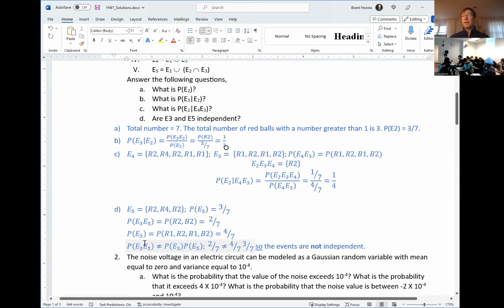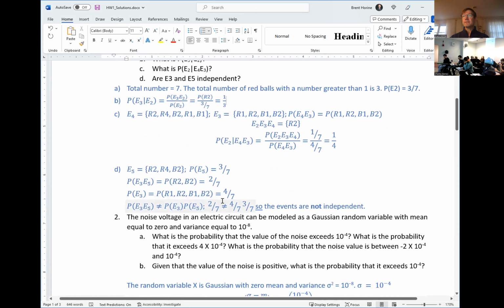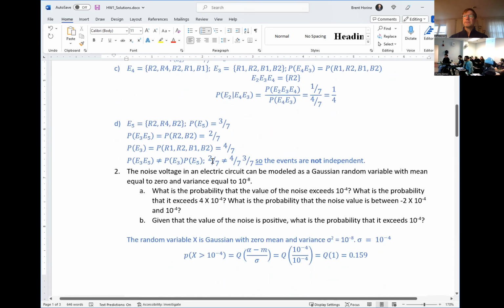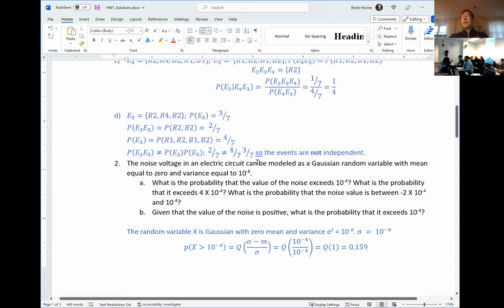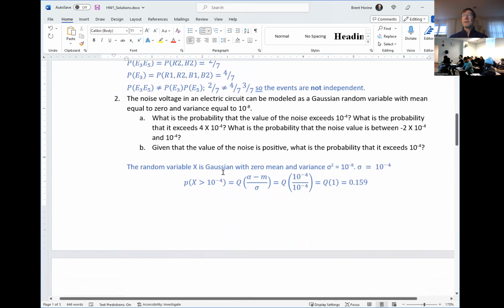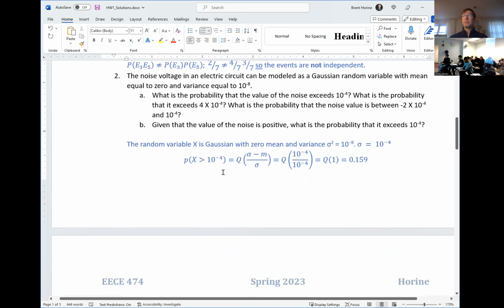You can just go through this, calculate it the same way. You have 2/7 on one side, and 4/7 times 3/7 on the other side, so those are not equal, and so they're not independent. They have some influence between each other, right?